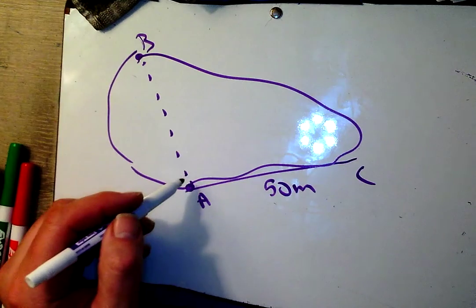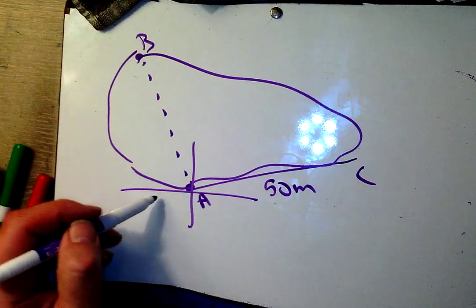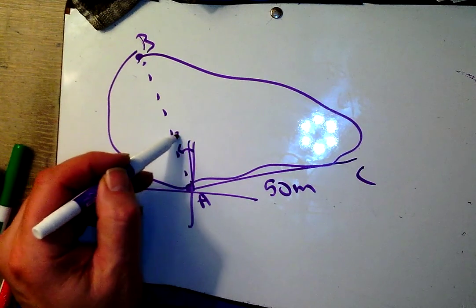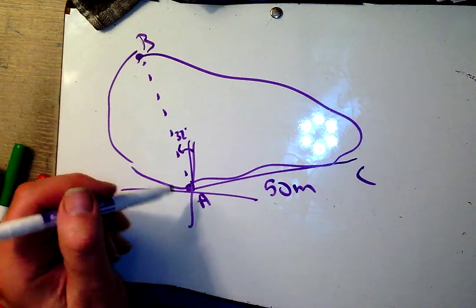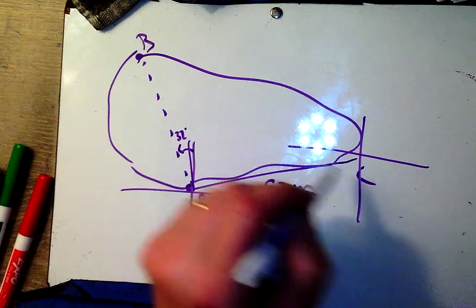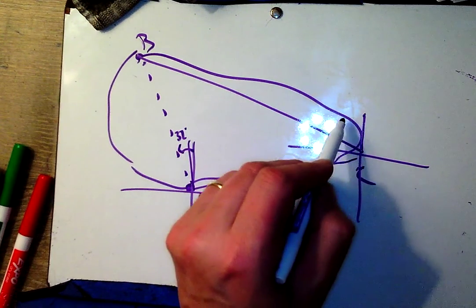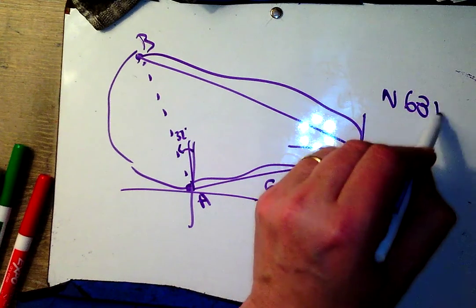And when they take a bearing from A, that angle, it's north, 32 degrees west. Okay. If they take a bearing from C, they're going to have north 68 west.